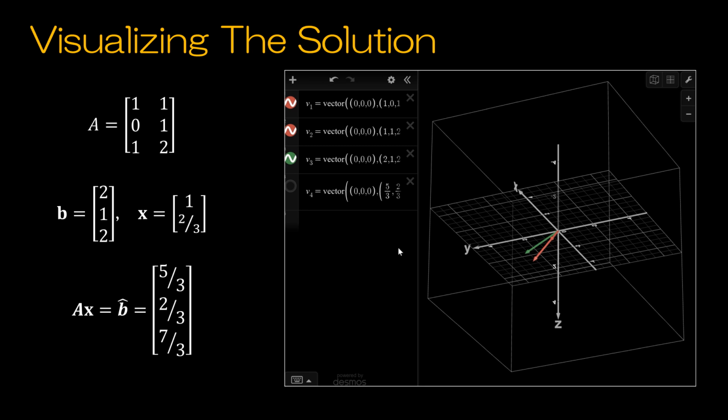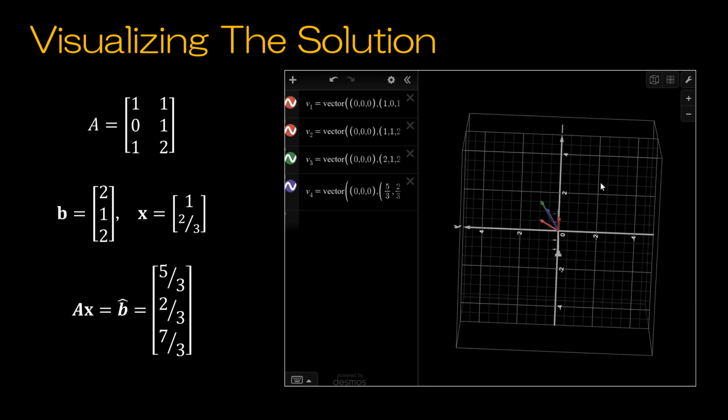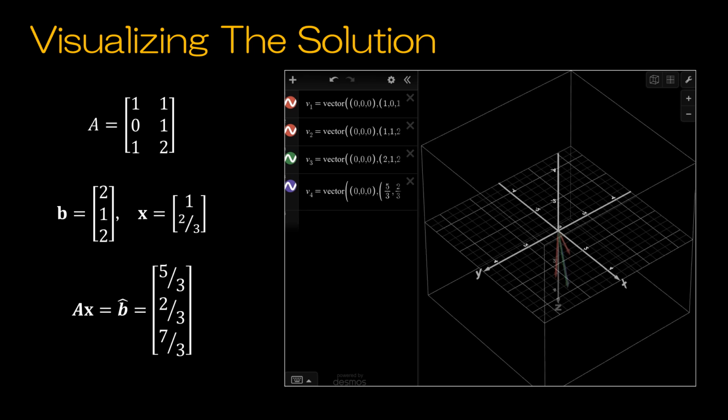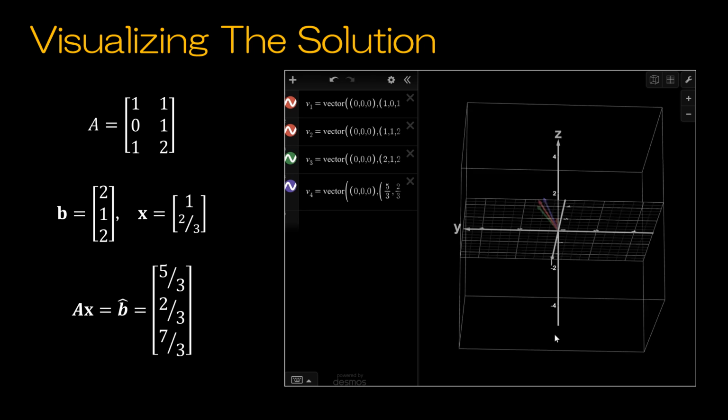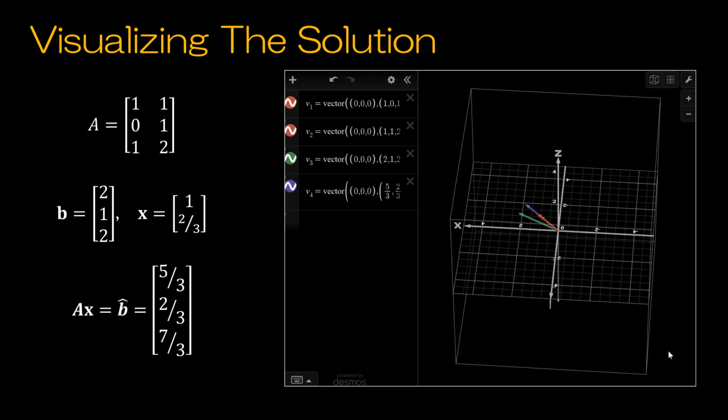Now, what we just found is vector V4 on my graph, which is the 5/3, 2/3, 7/3. I want you to notice that this would be an orthogonal projection. Let me try to get you a good visual of that. We can see that the two red and the purple, those are all on the same plane.